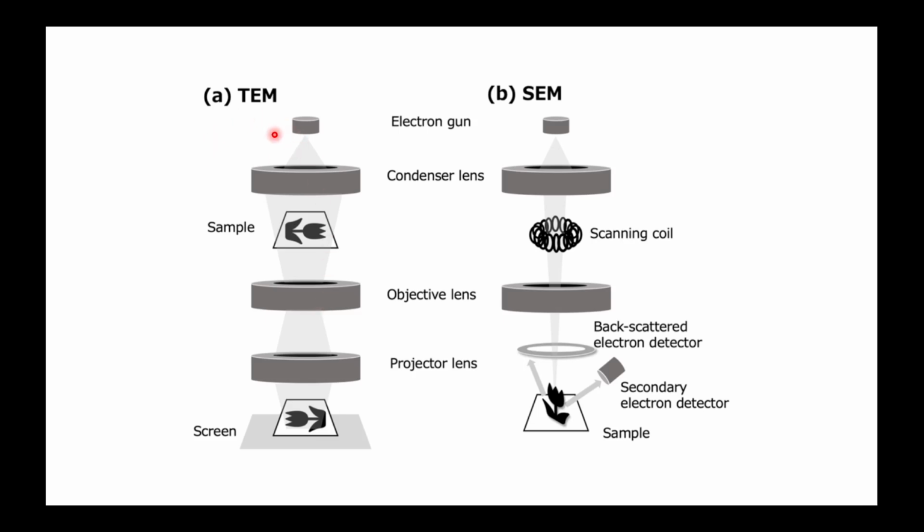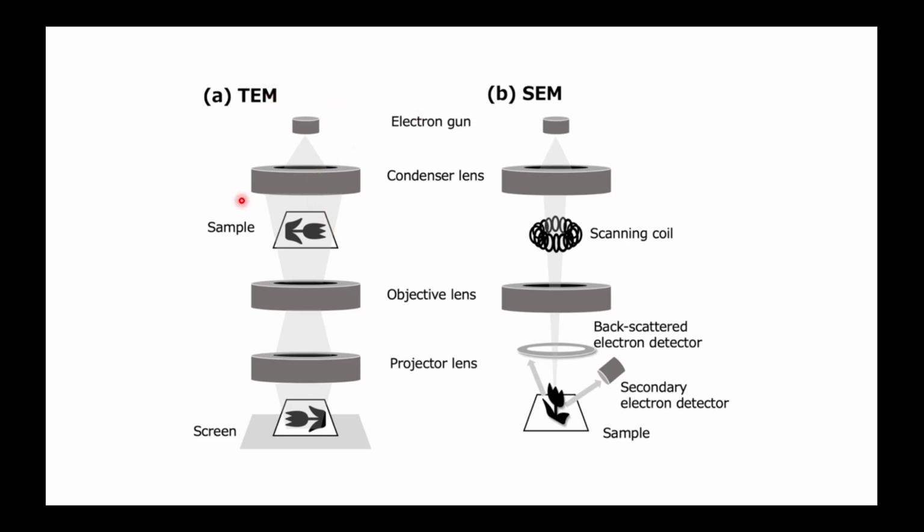So, this is transmission electron microscope. Whereas, in scanning electron microscope, the sample is here, the electron beam comes, hits the sample and gets reflected from the sample, and those reflected electrons are captured by the detector and the image is framed.